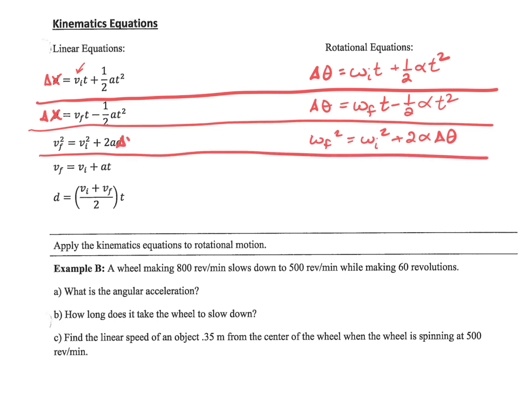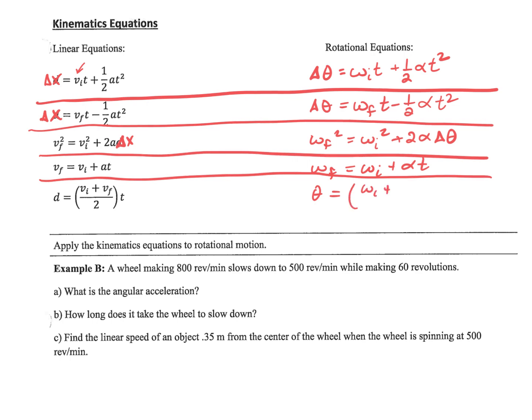This should be omega final equals omega initial plus alpha T. And then finally, theta equals average omega, omega initial plus omega final divided by 2, times T. And if you look at your purple sheet, you will see that indeed most of these are on there. The same ones for kinematics are on there for rotational.